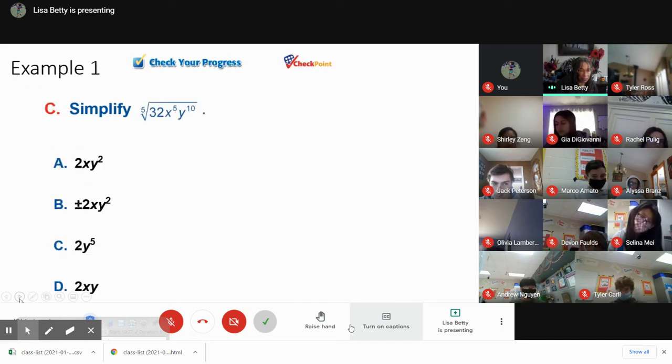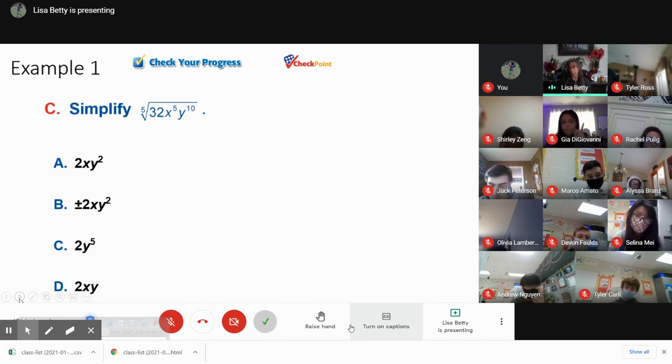Okay. Stupid easy. Last one. Slight trick. Be careful. It's only going to have a positive root because it's an odd index.